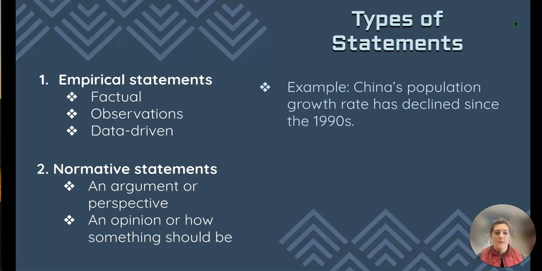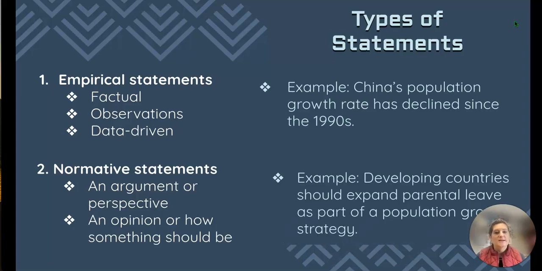This is different from normative statements, which really are opinions or arguments. So for example, this statement, developing countries should expand parental leave as part of a population growth strategy, is an opinion, right? Because they are making an argument about what countries should be doing.